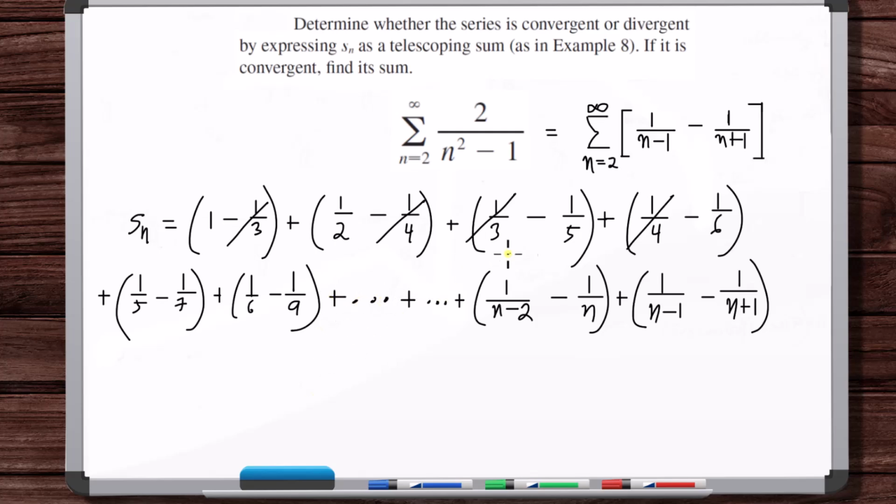So there goes the 1/5, and there goes the 1/6. All right. So yeah, this is definitely a little bit confusing. It looks like we're staying with the 1 and the 1/2 no matter what. Now, what terms do we stay with in the end? So every single middle term is going to cancel out. So the 1/9 is going to cancel with something over here.